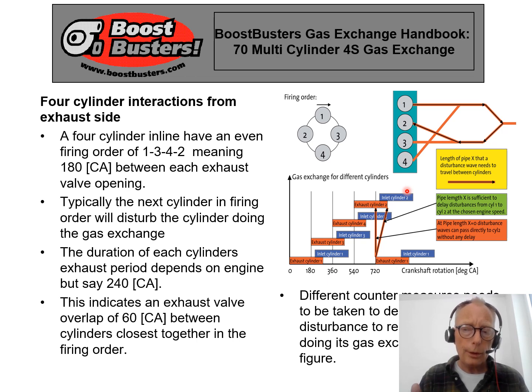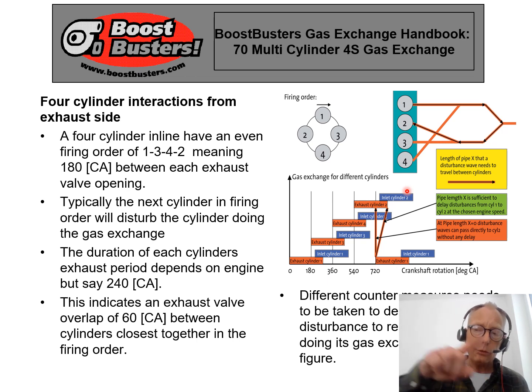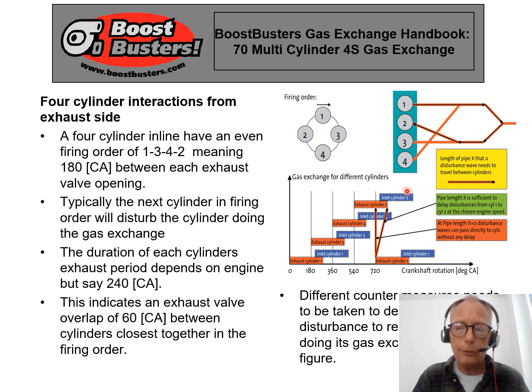But since you are installing 4 cylinders in the total rotation of 720 degrees instead of 3, we need to make the spacing smaller. So the spacing between 2 adjacent cylinders closest together in firing order is only 180 degrees. With the duration of each exhaust valve of 240 degrees and spacing of 180, we have an exhaust overlap of 60 crank angle degrees between the cylinders.